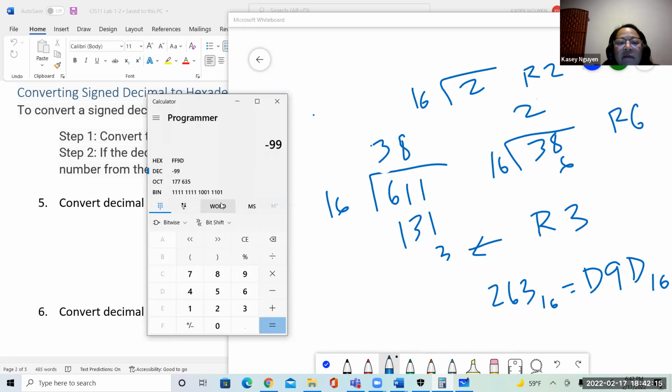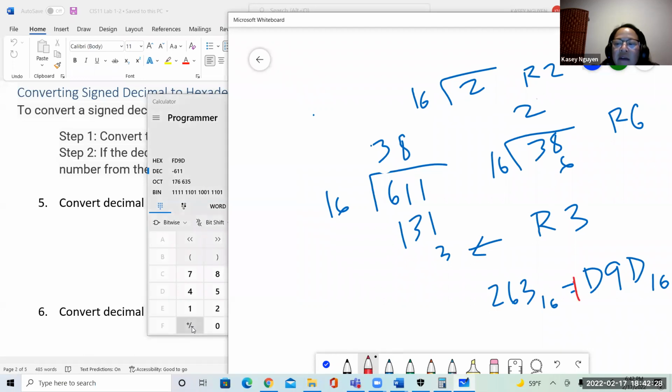So you would have negative 611, then you would have FD9D. So we should indicate the F here to indicate that it is negative. But the answer that we derived mathematically is this. Okay. So when you see all the F's in the front, you should know that it is negative.